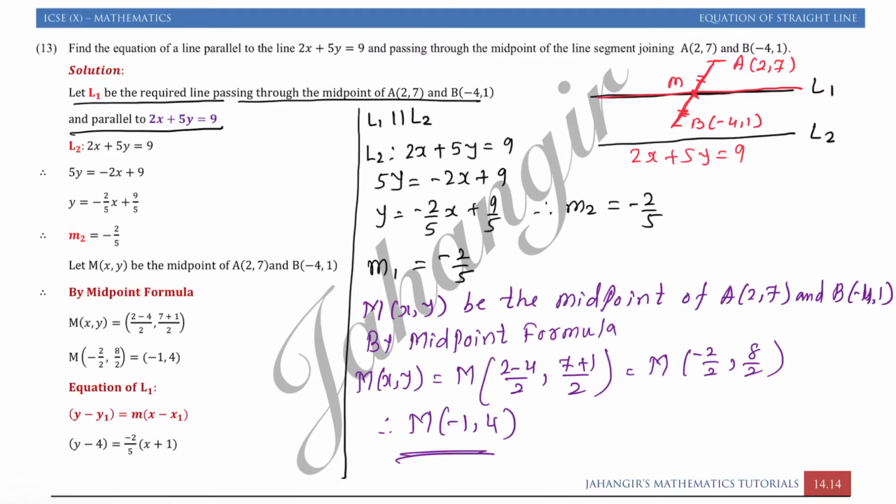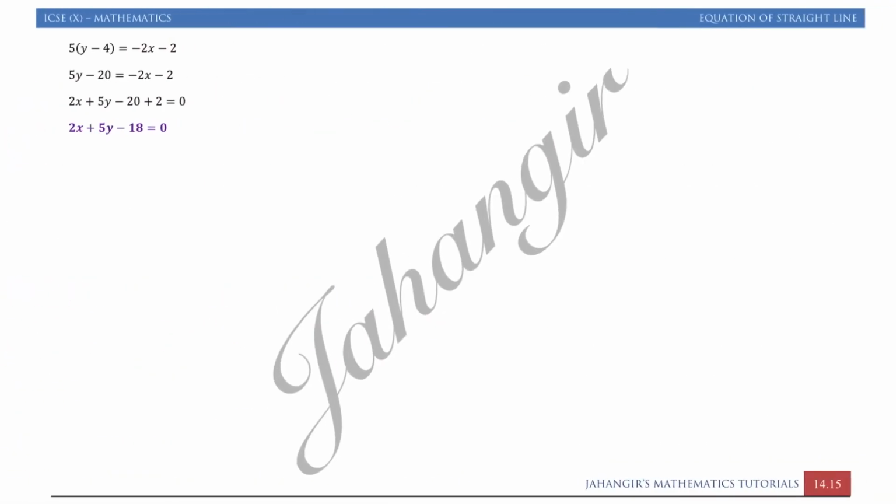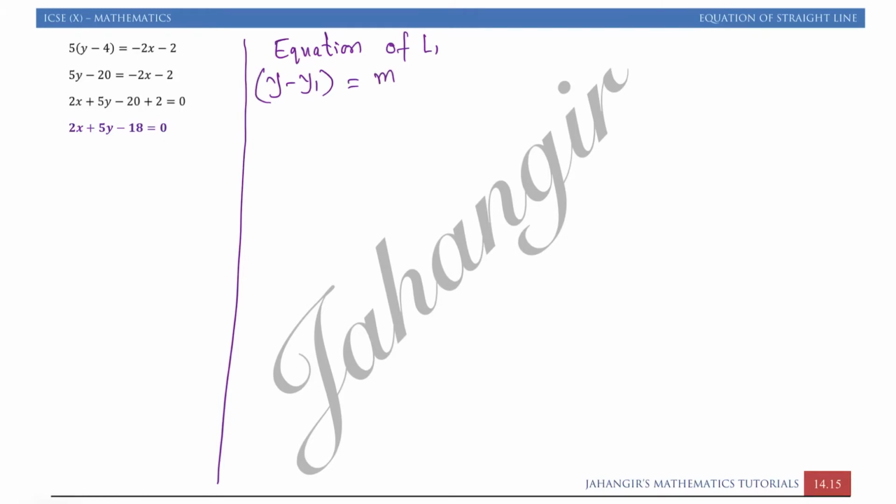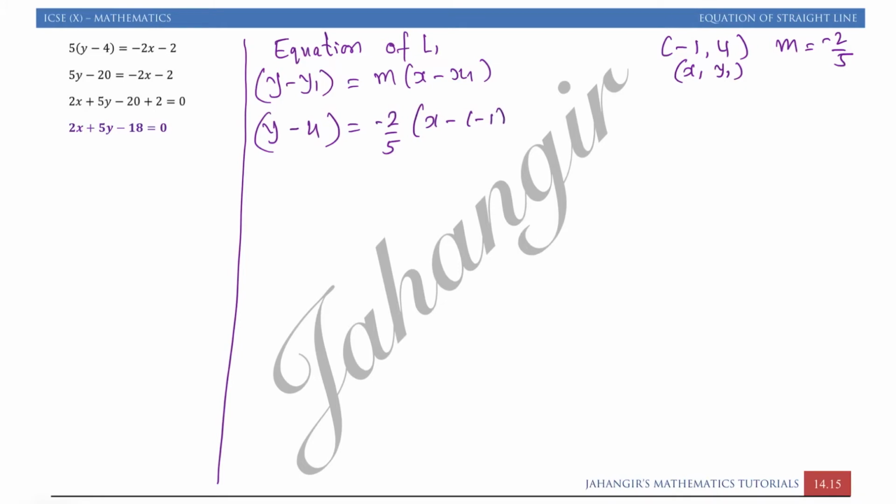Now we have a passing point as well as the slope. So now we will find the equation of the line. The equation of L1 is y minus y1 is equal to m into x minus x1. Since it is passing through minus 1, comma 4 and its slope is minus 2 by 5, we get y minus 4 is equal to minus 2 by 5 into x minus of minus 1.